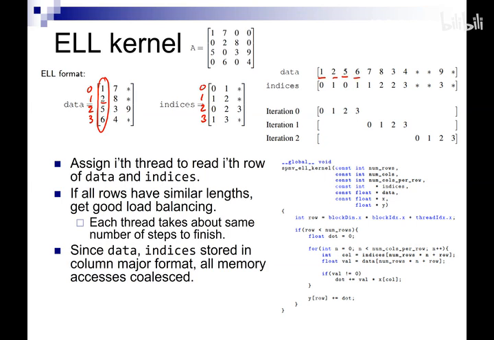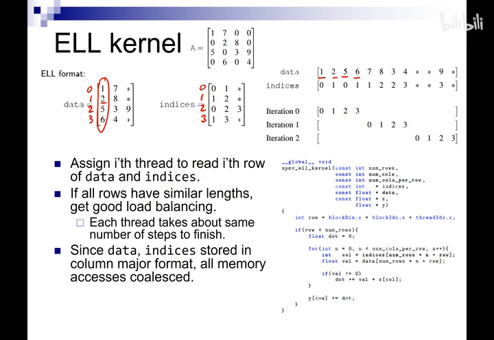So in the first iteration of the loop, these threads are processing these elements from data: the 1, 2, 5, 6. And now, because you store data in column major format, you can see that 1, 2, 5, 6 are consecutive in memory. So you have these 4 threads, and they're processing consecutive elements from memory.